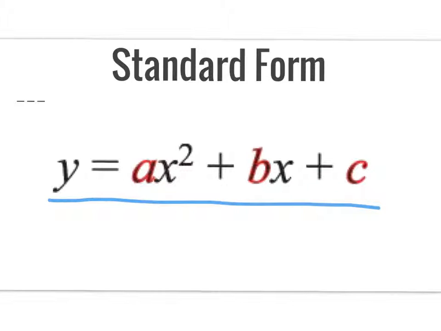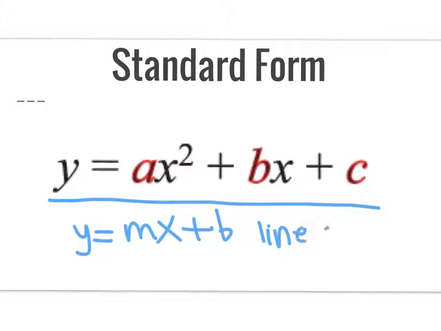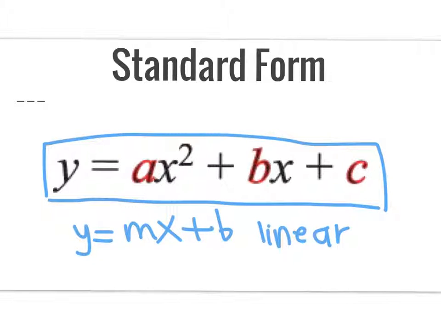You should all be familiar with the linear form, which is often written as y equals mx plus b. This is a linear function, a linear equation, whereas y equals ax squared plus bx plus c is a quadratic function in its standard form. Notice that in our linear form, x doesn't have any power, it's just mx.